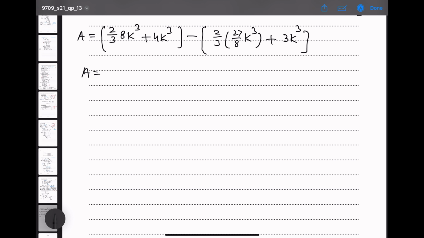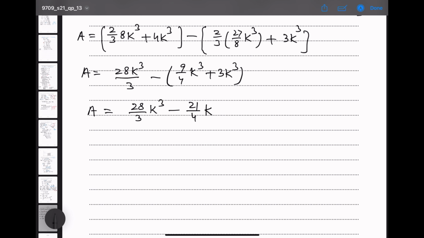A will be 28k cube over 3 minus 9 over 4 k cube plus 3k cube. So finally it will be 28 over 3 k cube minus 21 over 4 k cube.